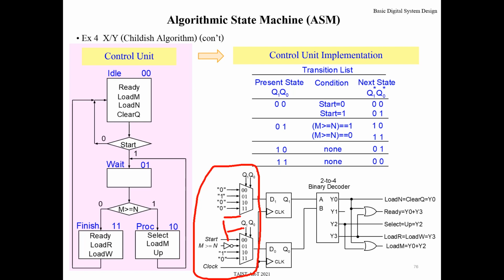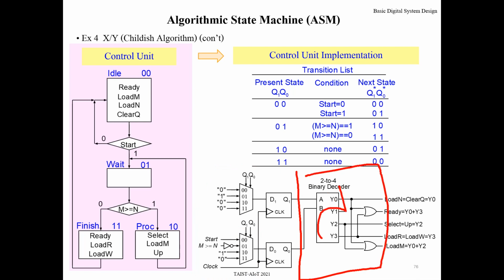Next state logic is done. How about output logic, circuit E? Now I use a decoder to implement this part of the circuit, because the state variables are Q1 Q0, right?